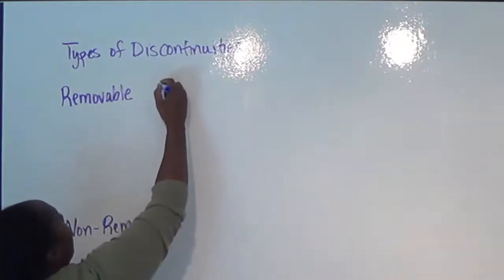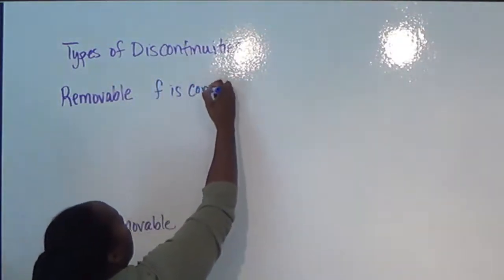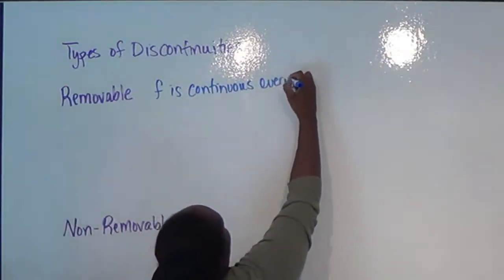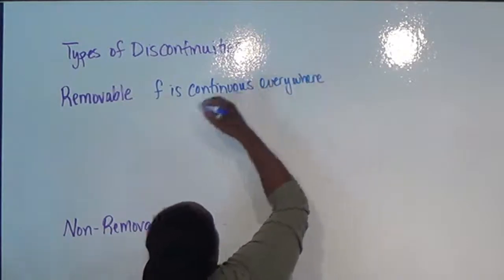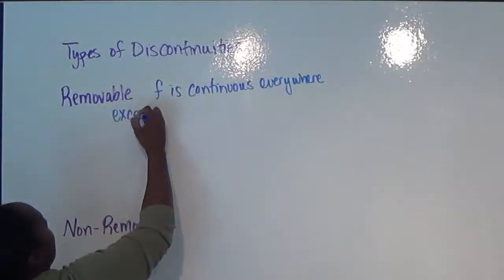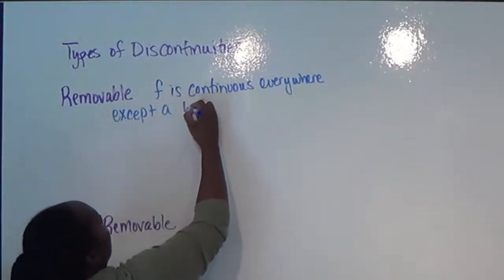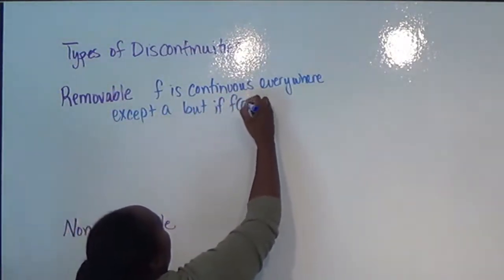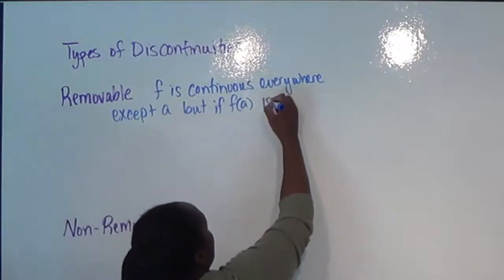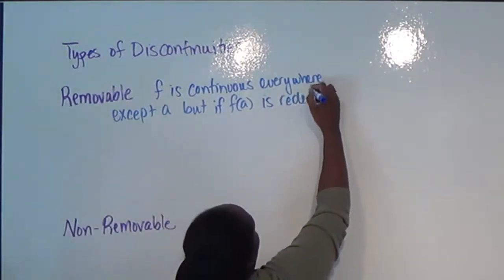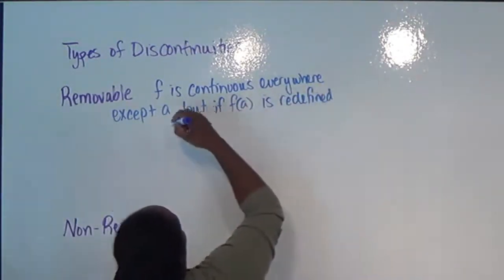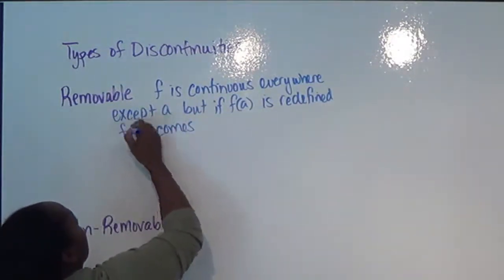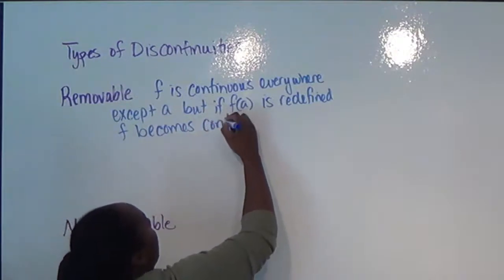So f is continuous everywhere except a, but if f of a is redefined, f becomes continuous.